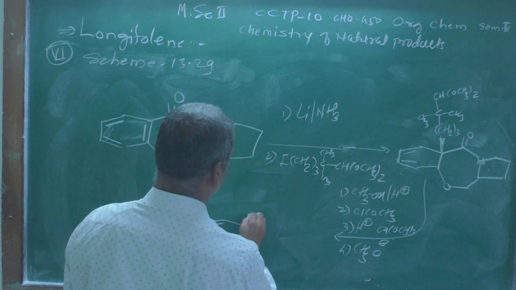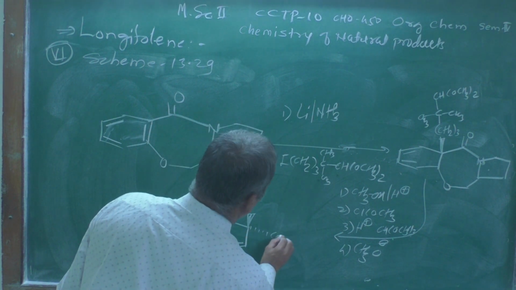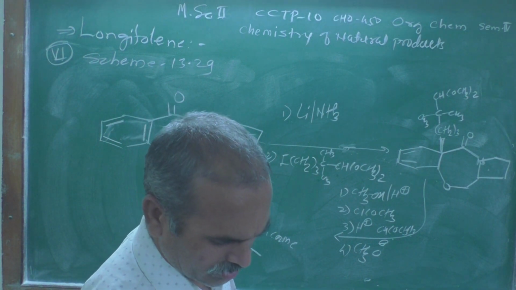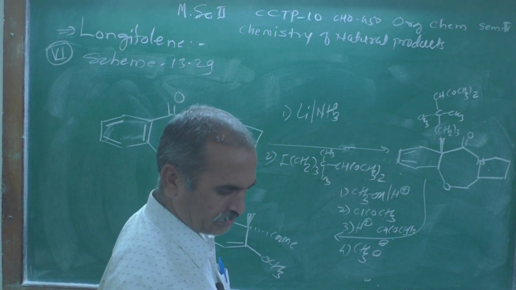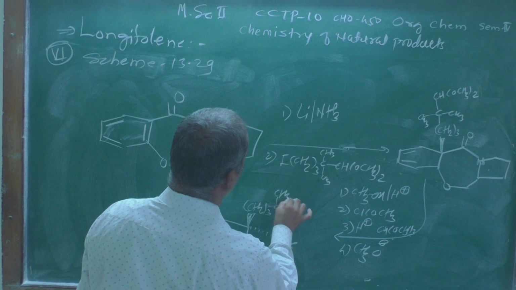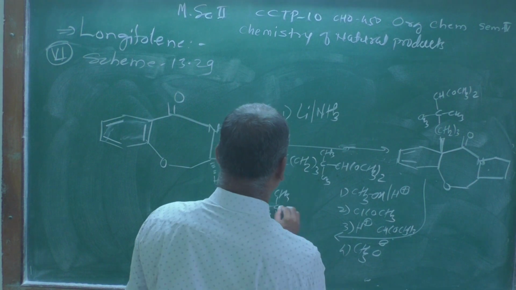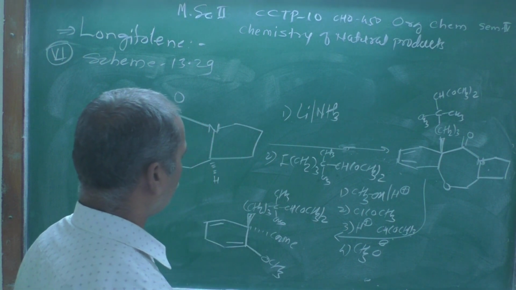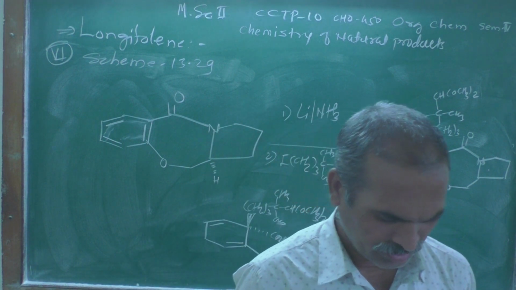Here, above and below, there is an addition of an ester group CO2Me, and a methoxy group OCH3, and here will be CH2 thrice, C with CH3. The rest is whatever we have seen over here, CH, then O, CH3 twice. So that is the structure we are going to get after addition of all these reagents.